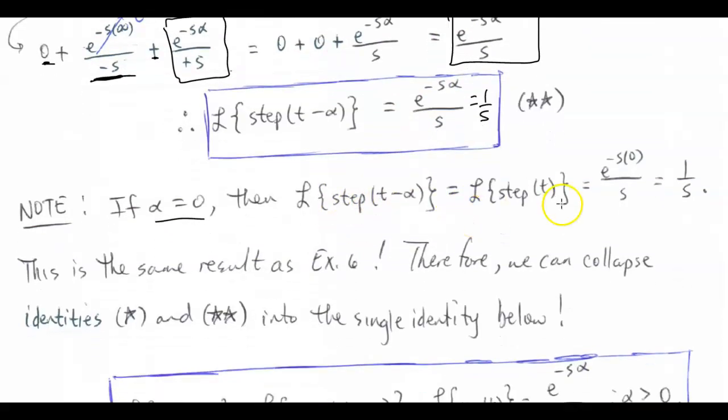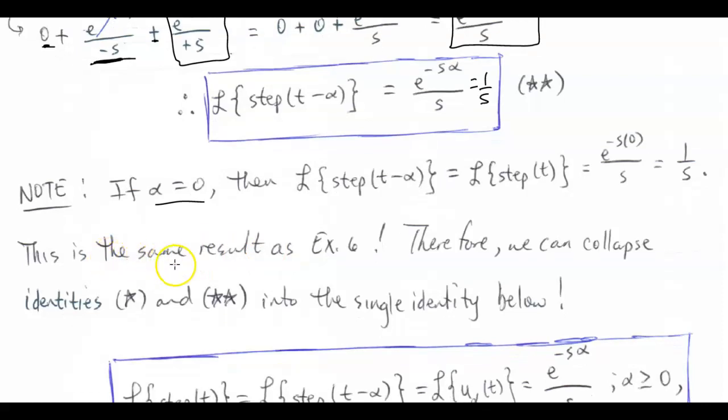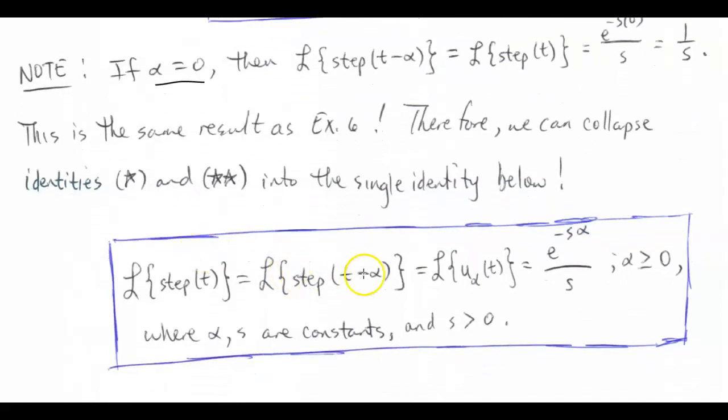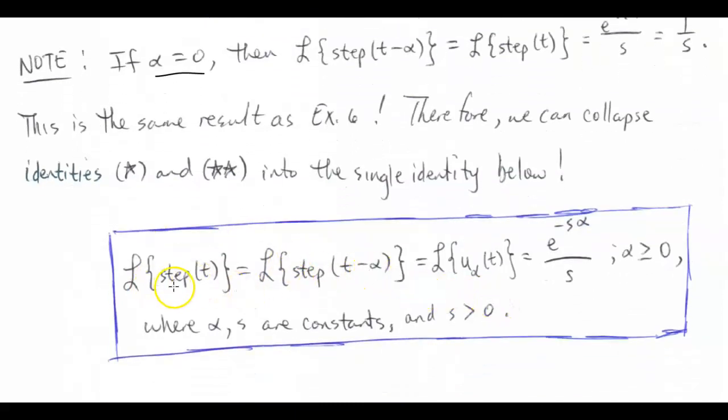So in general, we see that this is the same result as example 6. And so we can collapse these two identities if we wanted to and say that the unit step function, whether it's expressed like this or this way, could just be expressed that way.